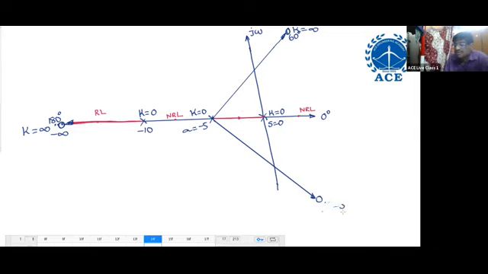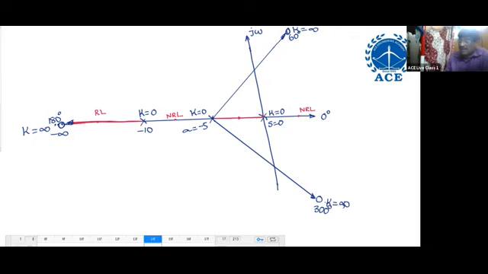So how many poles are there here? Count. 3 poles. How many zeros are there? 1, 2, 3. 3 zeros. So after asymptotes, always check it. The number of poles must be equal to the number of zeros because branches start at poles and end at zeros.